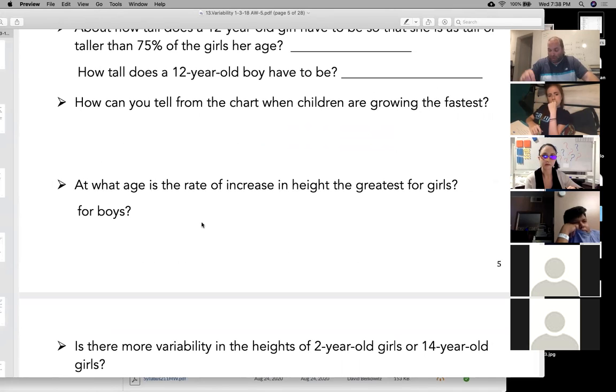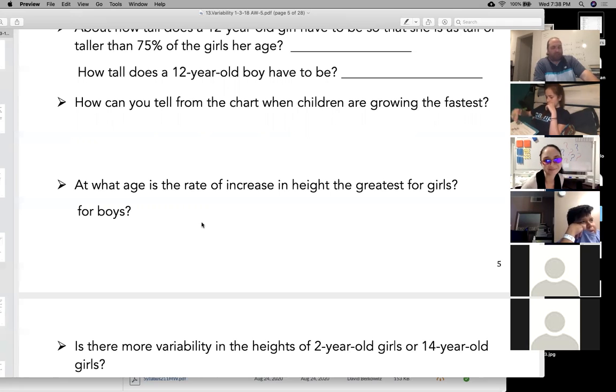Why would I be more likely to ask about the MAD than the standard deviation? Because it's easier. There's no square root.